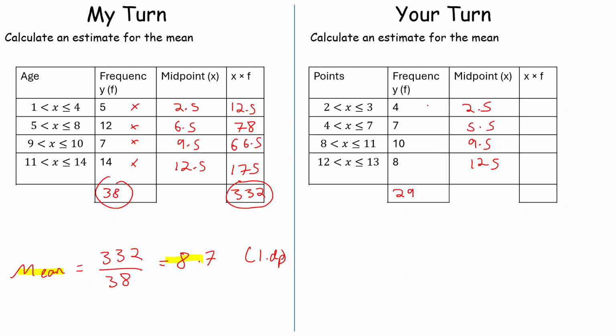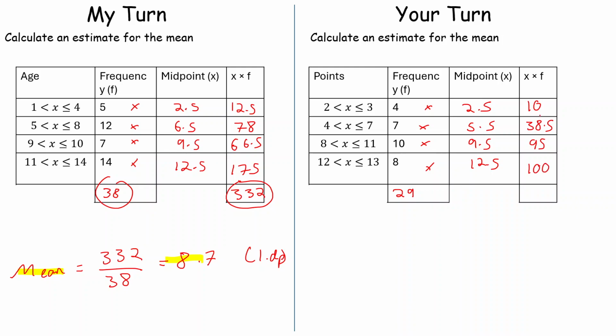And then we can multiply these all together. So 4 times 2.5 gives you 10. 7 times 5.5 is 38.5. Let me just double check. Yeah, 38.5. You've then got 10 times 9.5 is 95. 8 times 12.5 is 100, of course.